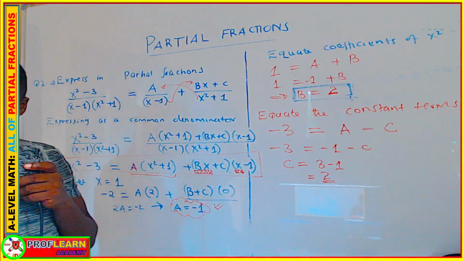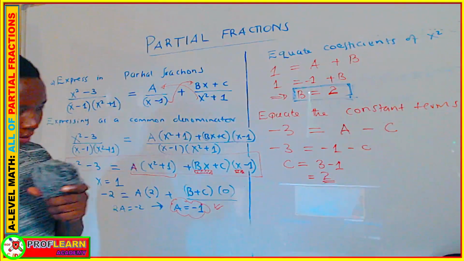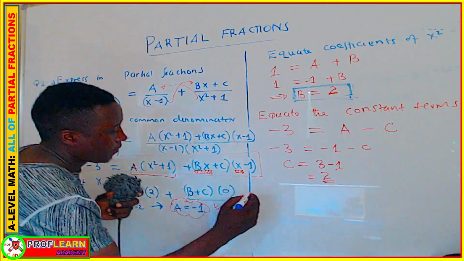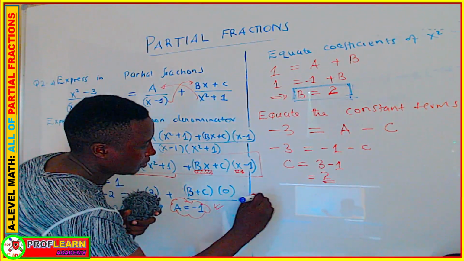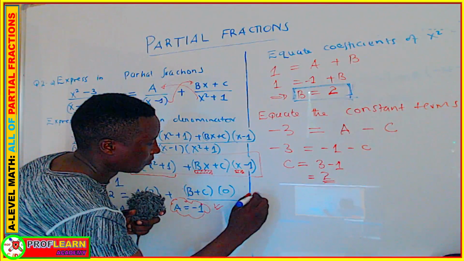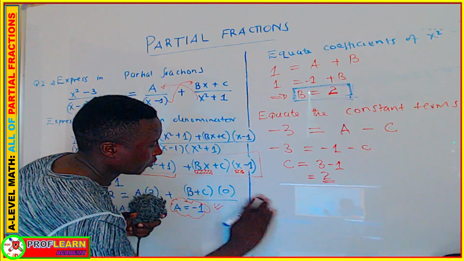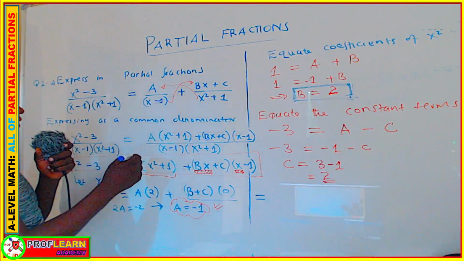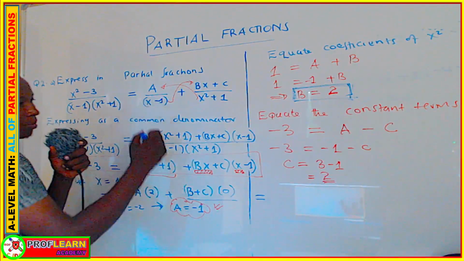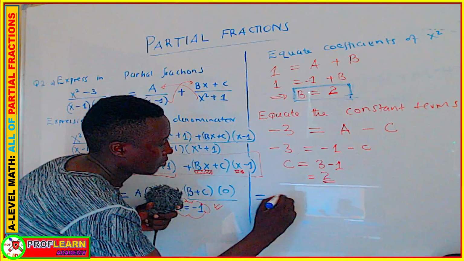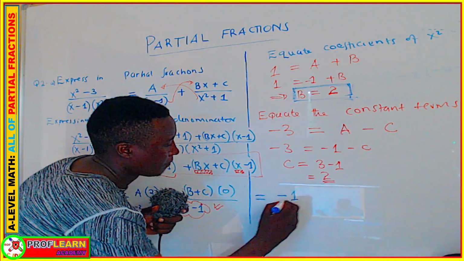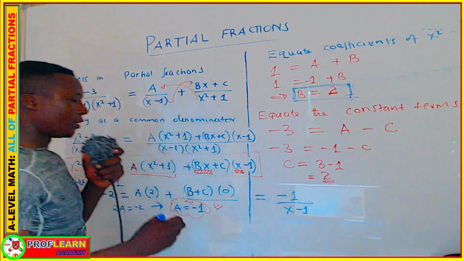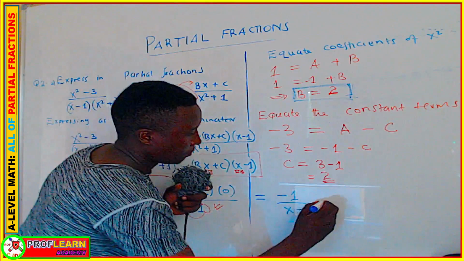Which will mean that we can express the original equation that we had as partial fractions. This is going to be a over x minus 1, and our a we got to be -1, so -1 over x minus 1, and then plus bx plus c over x squared plus 1.